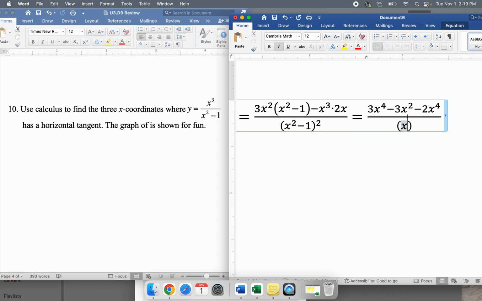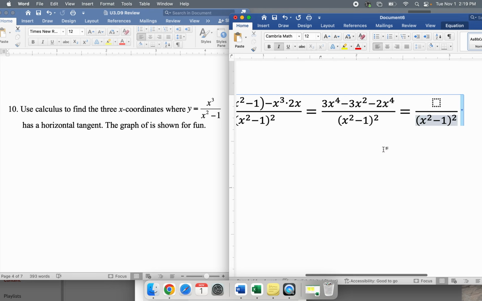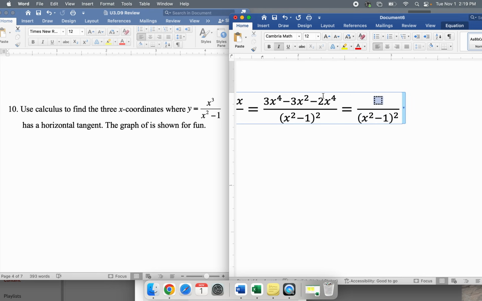And don't expand the denominator. That would be a mistake. Just leave it. And then some like terms can be combined. I'm not changing the denominator, but in the numerator, 3x to the 4th minus 2x to the 4th is just x to the 4th minus 3x squared. So that is the derivative simplified.